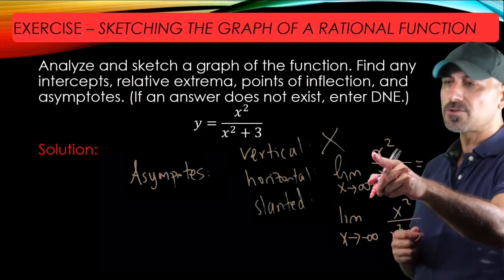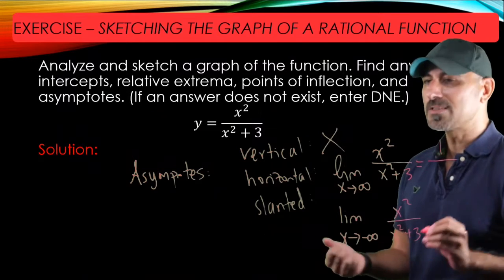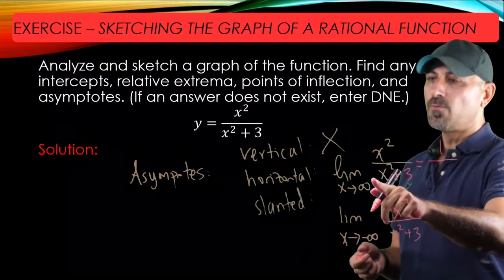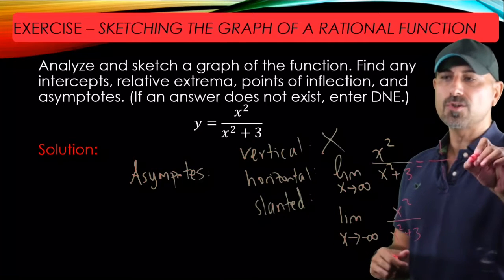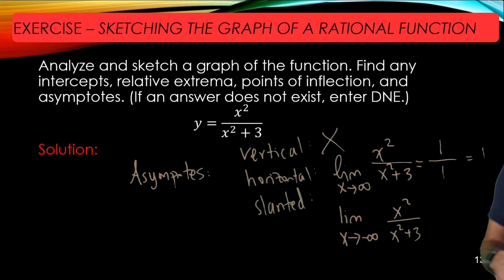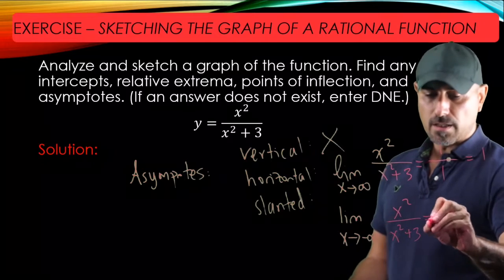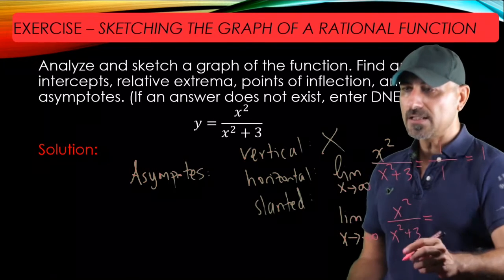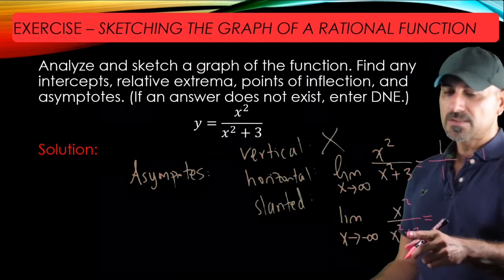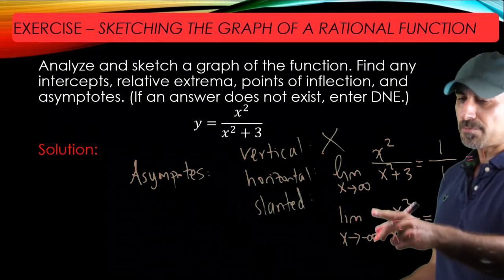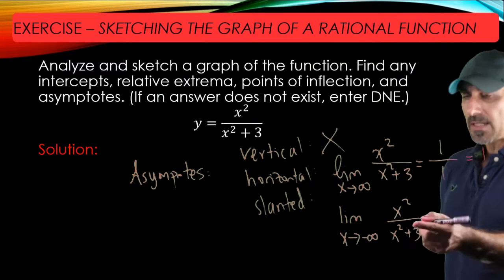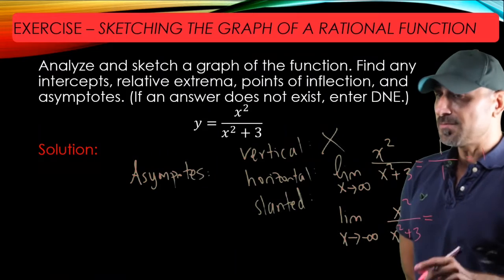The coefficient of x squared is 1 on top, and 1 on the bottom as well. So 1 over 1, which is 1, is the limit behavior. And the same limit value is valid for the limit at minus infinity, because eventually you square minus infinity, so it becomes infinity, so it doesn't matter.